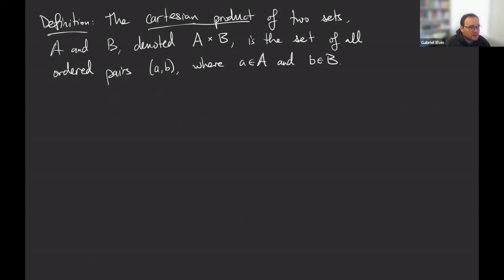Okay, so let's just look at an example before we try and connect this back to functions. So an example would be if we have the set A, that I'm just going to call {a, b, c}, and the set B, which I'm going to call {0, 1}. So those are my two sets. And so A cross B is a completely new set.